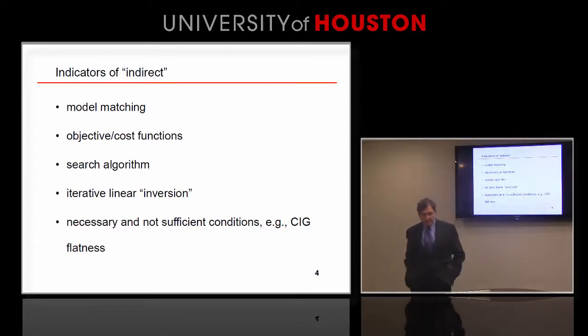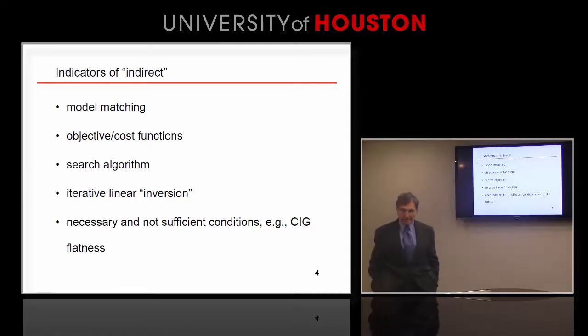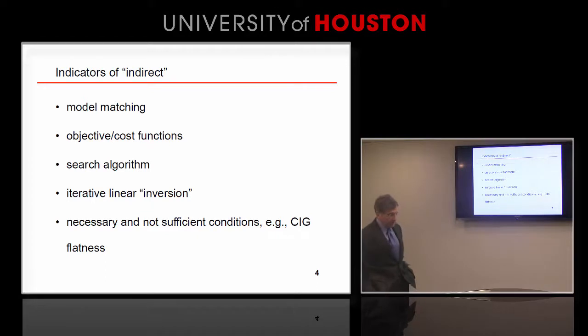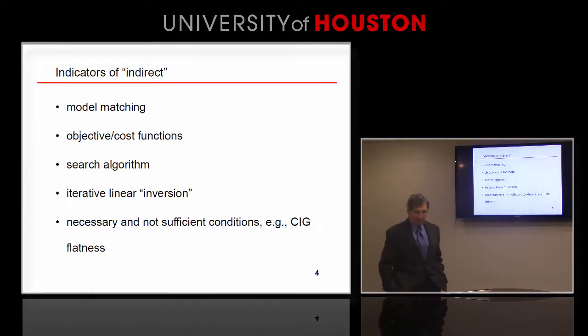Common image gather flatness is a necessary condition for having the right velocity, but it's far from sufficient. You can satisfy common image gather flatness and come to a wrong depth, because many velocities, including the correct one, will satisfy it. A direct method for depth imaging, with a correct velocity using conventional methods, or without a correct velocity using the inverse scattering series, would not suffer that problem.